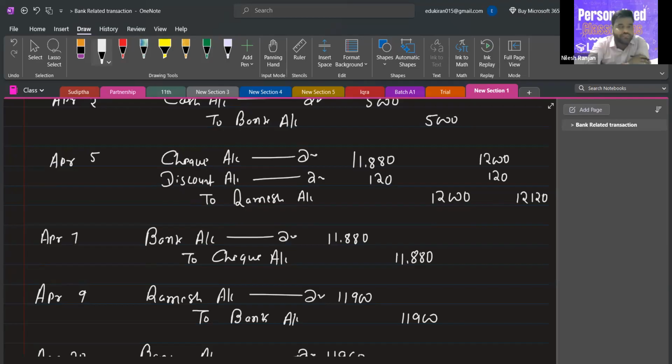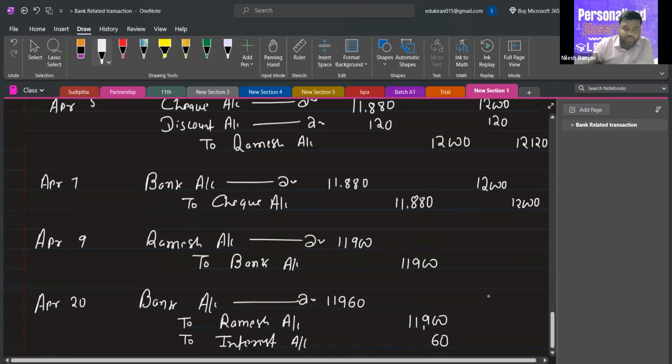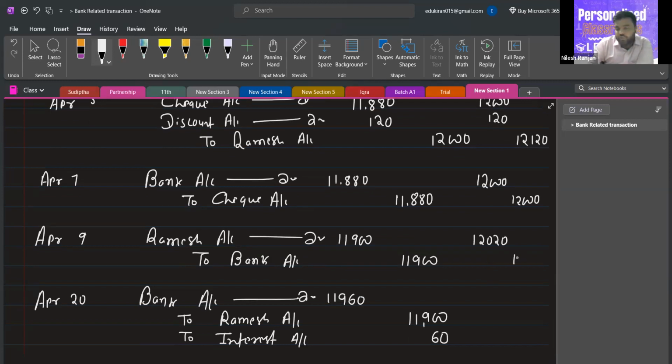Is this clear? If it is taken like this, then we have received a check of 12,000. So we will write again here 12,000. And there is a bank charge for dishonor. So it will be 12,020 rupees, because 20 rupees was charged by the bank and it will be collected from Ramesh.